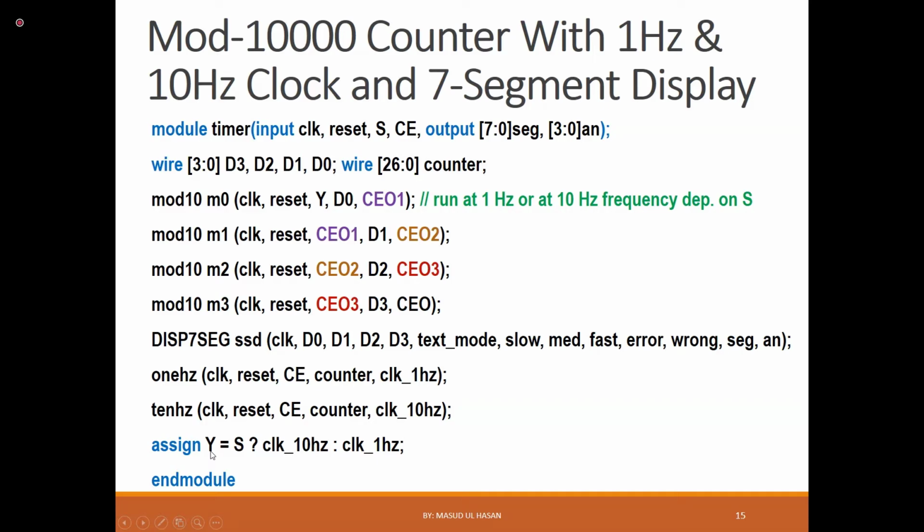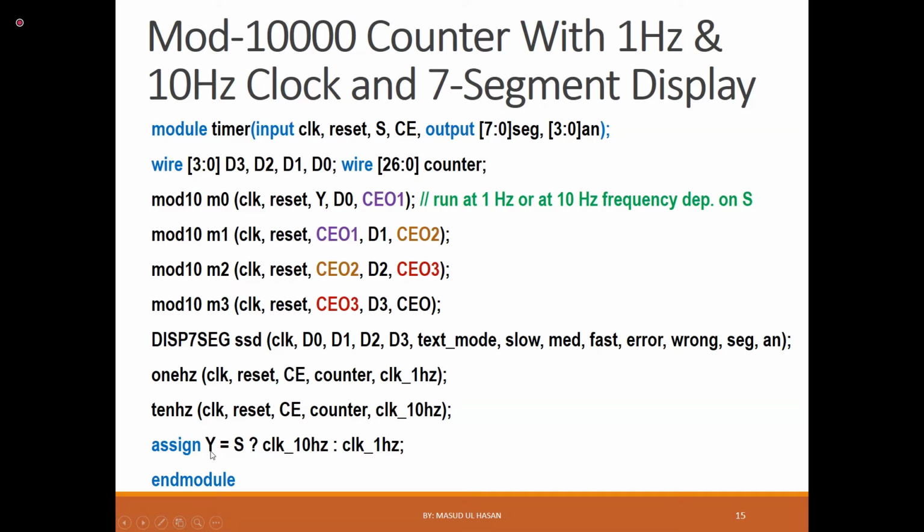Here, as I told you, we are displaying these 4 digits on the seven-segment display. So for the seven-segment display, our output should not be more than 4 bits. In 1 hertz and 10 hertz, we are not displaying anything. We are making this code just to operate these counters. So this 1 hertz is a 27 bit counter, and 10 hertz is a 27 bit counter.